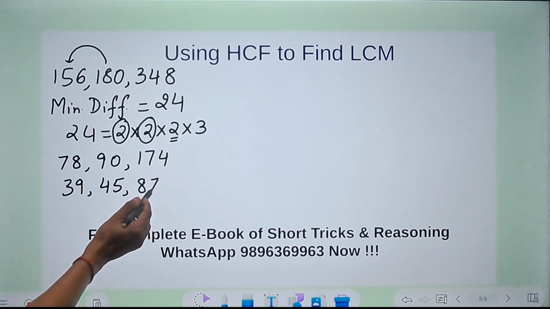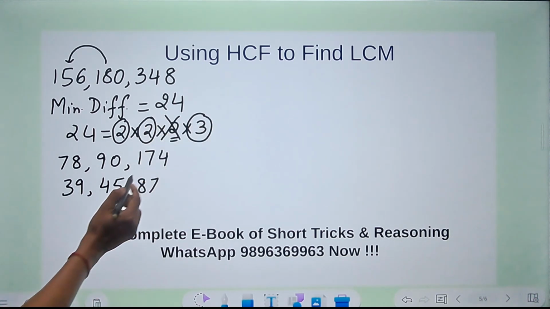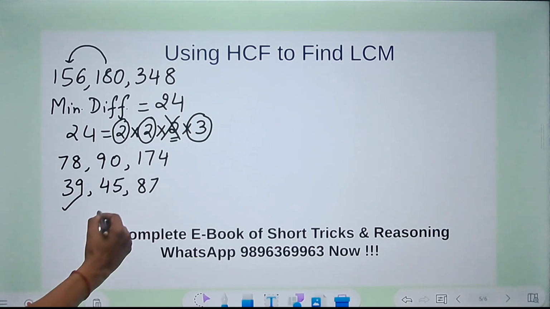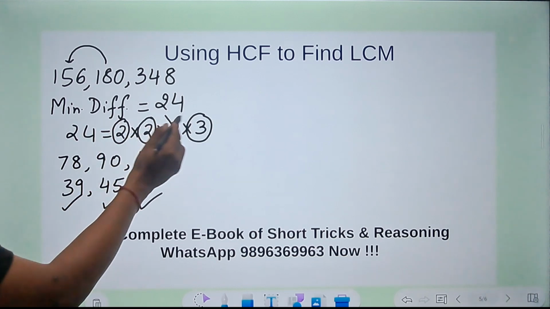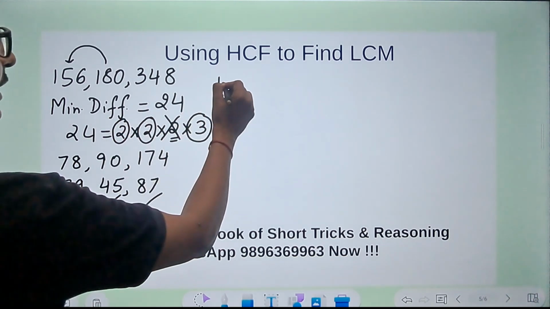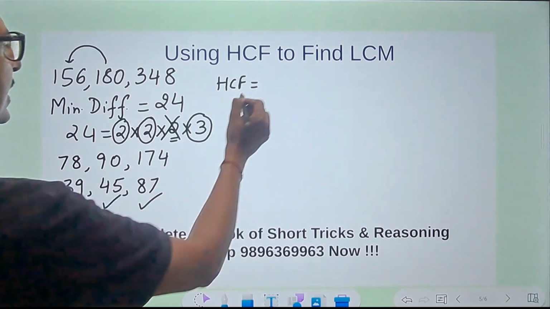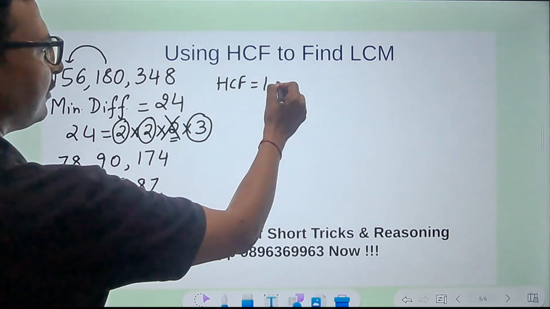Now this 2 does not divide all of these numbers, so this is ruled out, and this 3 divides all three: it divides 39, 45 and 87. So I have 3 factors which I have encircled, and therefore the highest common factor of these 3 numbers is 2 times 2, 4, 4 times 3, 12.